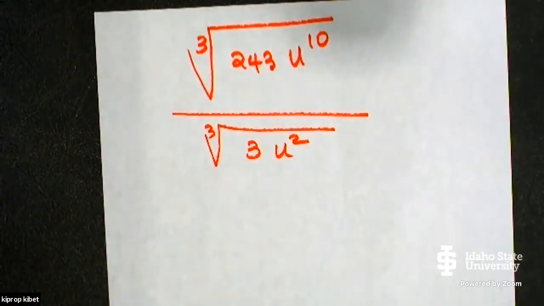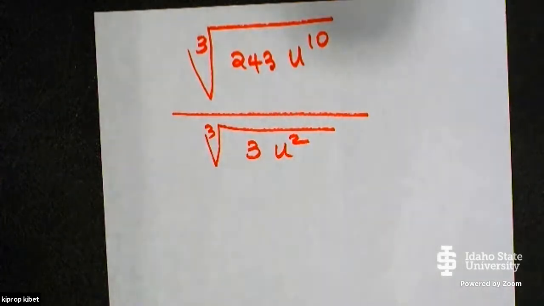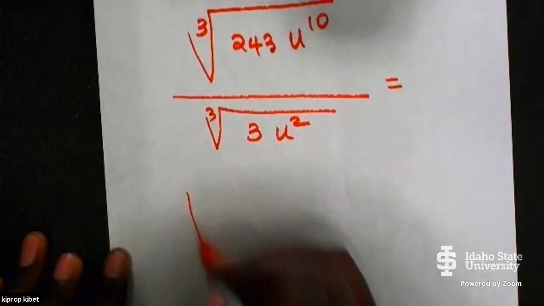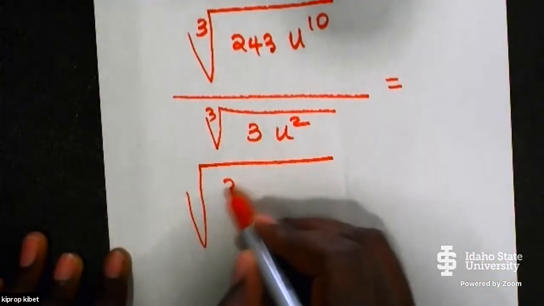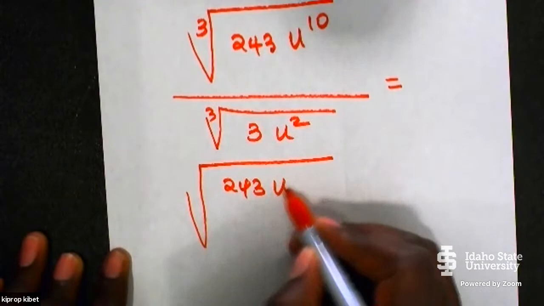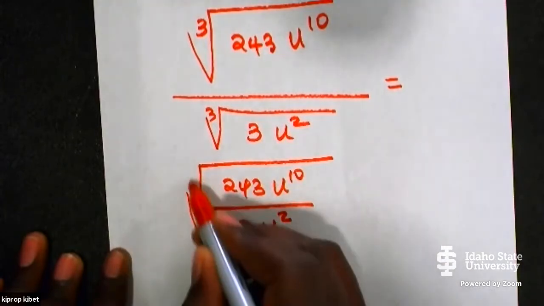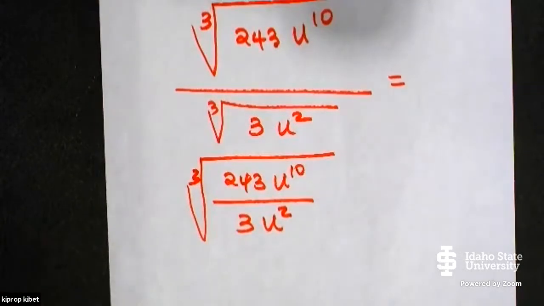So simplify that. This is similar to the cube root of 243 u raised to 10 all over 3u squared. So it is similar to that.